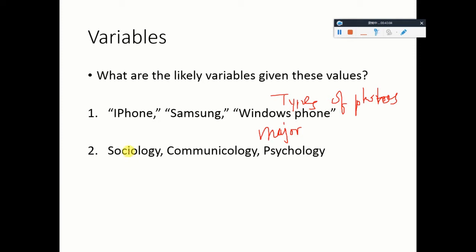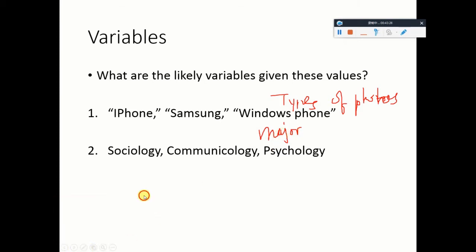We have sociology, communicology, psychology, biology, physics, chemistry, etc. So a person's major will change, and that makes this concept variable, and these are the values that this variable can take.